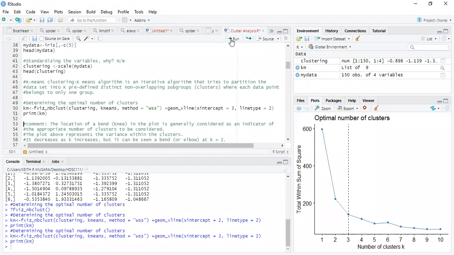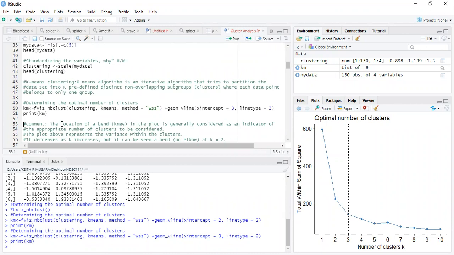There is no final answer, but you need to have a justification. You need to be able to argue based on the result that k equal to 2 is the optimum number of clusters for this particular data using k-means. But you may also argue that 2 might be a better cluster.